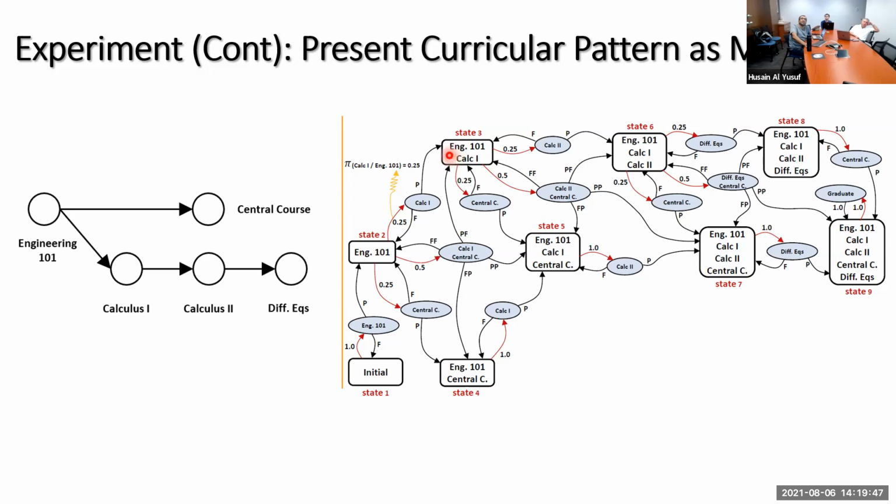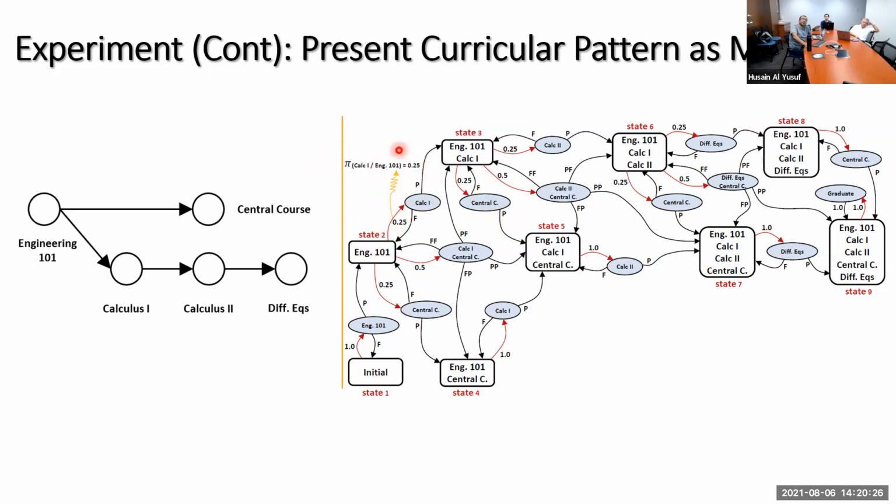If a student is here, they already passed Engineering 101 and Calculus 101. There is a probability of 0.25 of taking the central courses, 0.5 of taking Calculus and central courses together, or 0.5 of taking Calculus 2. So these are equally distributed. And for passing or failing a class, it is 0.7 and 0.3.